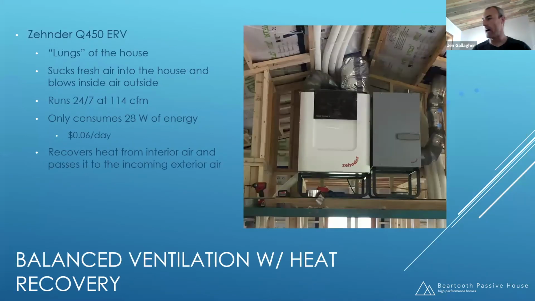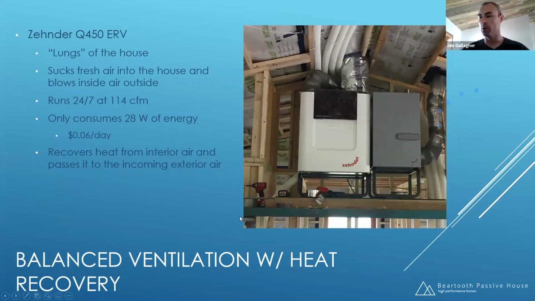All right, so lastly, we have our ventilation system. This is the Zehnder Q450 ERV, fancy sounding, but this is the lungs of the house. When you build a house that is so airtight that is 0.14 ACH50 or even 0.6 ACH50, even 1 ACH50, you start to get tighter and tighter.